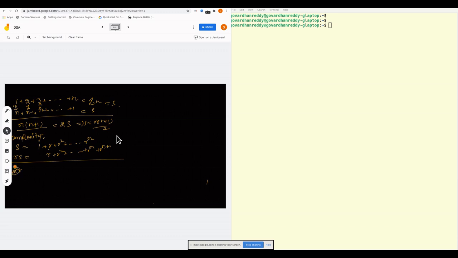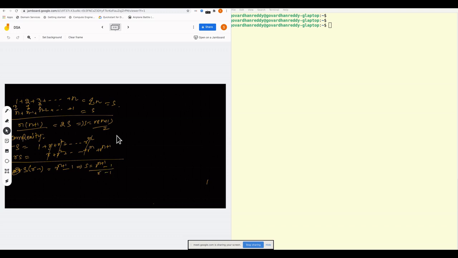Let's not sum this, actually let's subtract this: S times r minus 1. If I subtract this from this, all these terms get cancelled out, so we end up having r power n plus 1 minus 1. That implies S equals r power n plus 1 minus 1 by r minus 1, right?